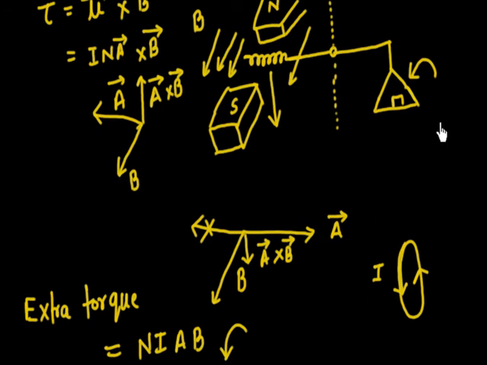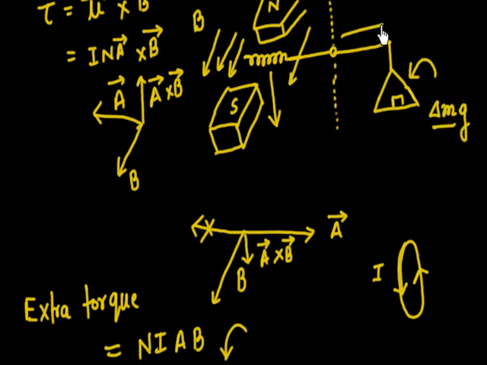Now I have to apply an extra bit. Let us say the extra bit is delta M. So what is the torque? The extra mass is delta M, then delta M times Z. What is the extra torque due to the extra mass?